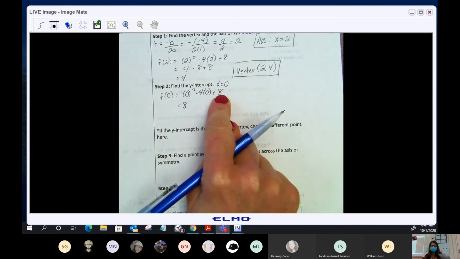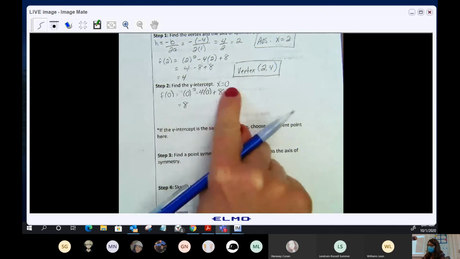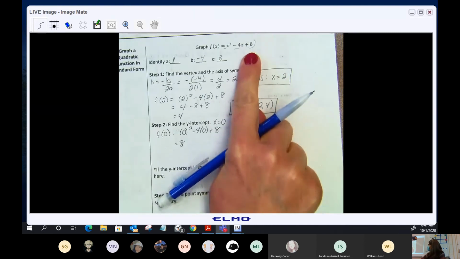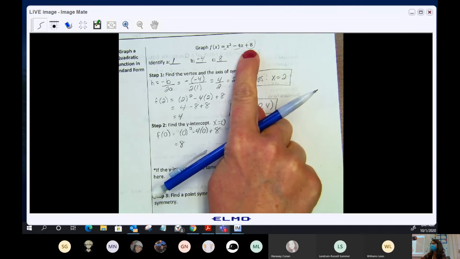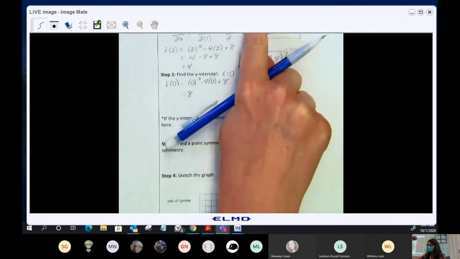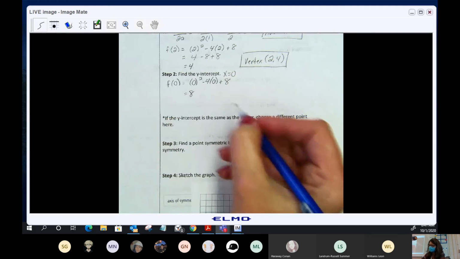So what's really cool about standard form is you can automatically, just by looking at the equation, know what your y-intercept is. It will always be that c value. So let's make a note.